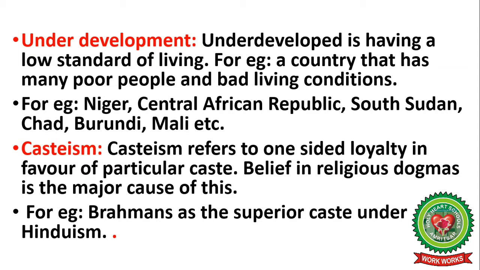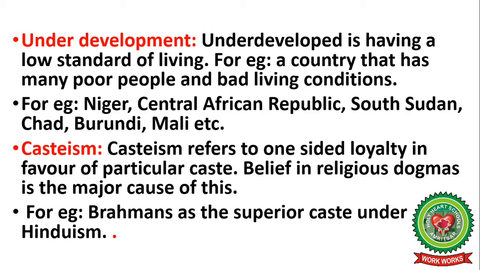Even there is an exception under Article 14, that special laws can be made for the weaker sections of the society. I know who are the weaker sections in India: they are the scheduled caste, scheduled tribe, women and children.